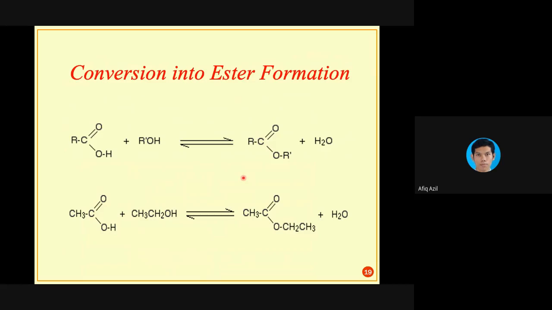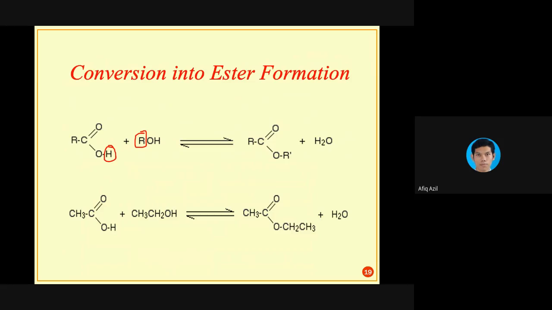Then the conversion into ester. So ester, as we have seen in the topic of alcohol, you need to mix carboxylic acid and alcohol to obtain an ester. The general formula of an ester is RC double bond OOR. So basically, the hydrogen over here is going to be replaced with the R group from the alcohol.